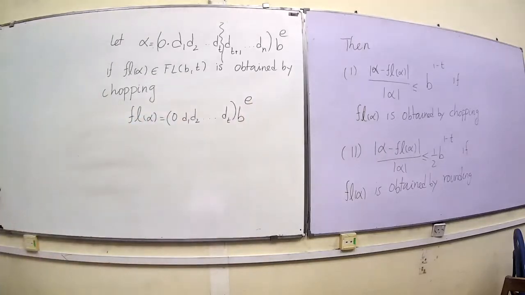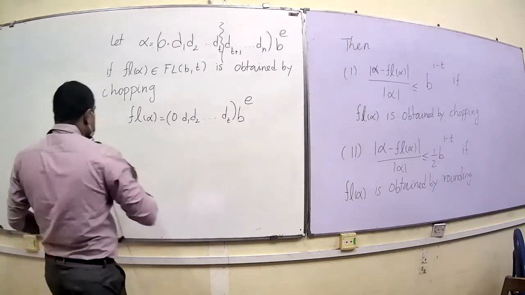This is going to be your FL of alpha if FL of alpha is obtained by chopping. So clearly you can write the absolute value of alpha minus FL of alpha.